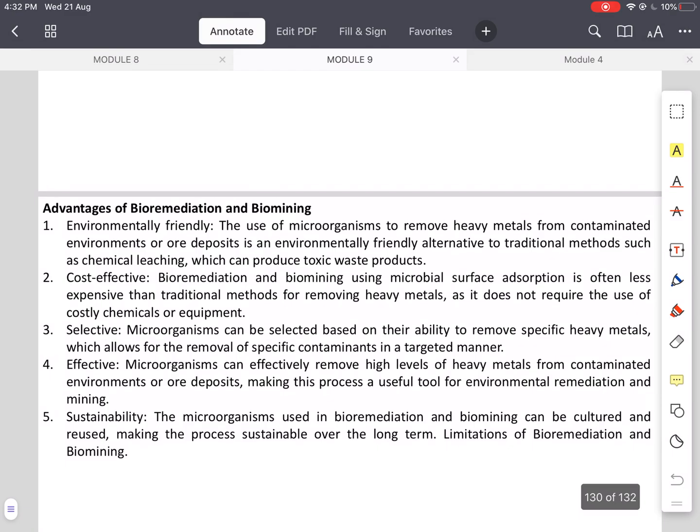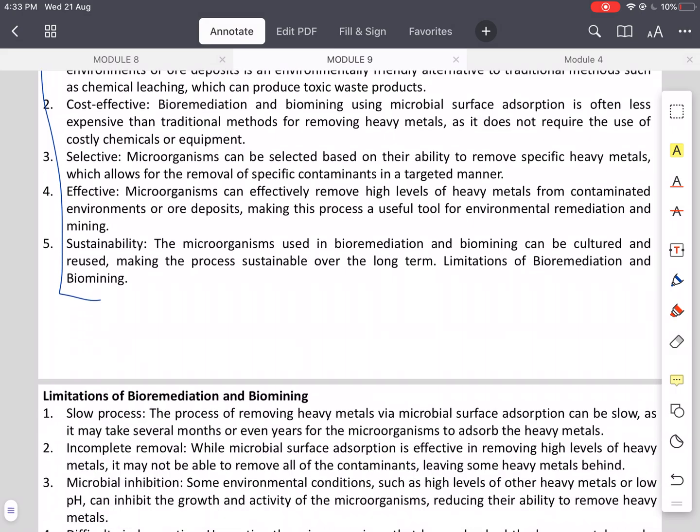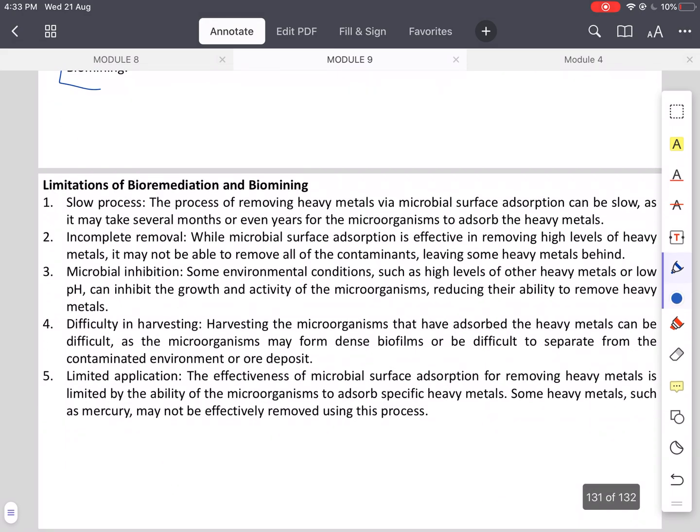Out of all the procedures available to us, we can say that the advantages of bioremediation and biomining, since we are using microorganisms or organisms for the removal of waste and metal extraction, are that the process is environmentally friendly, cost effective and selective. Since you are selecting a target strain, it is a selective process, more effective, controlled and sustainable.